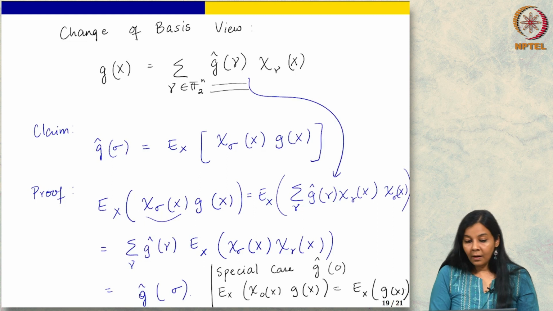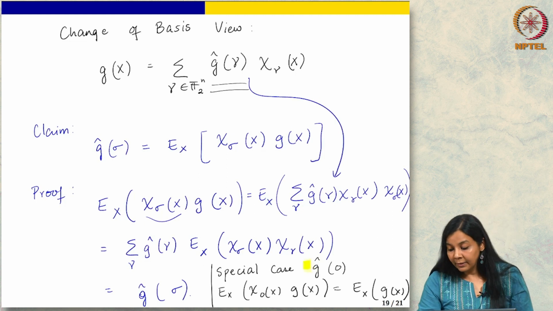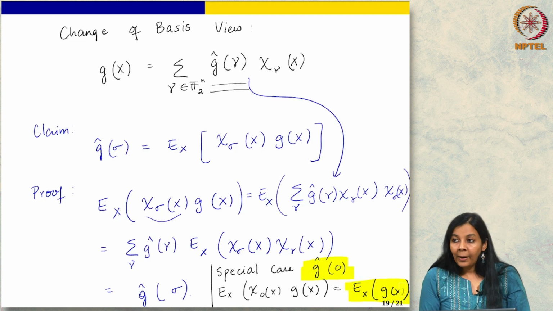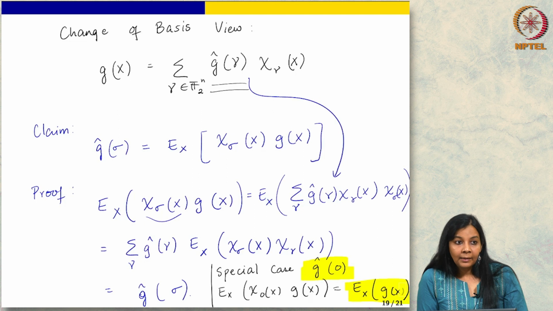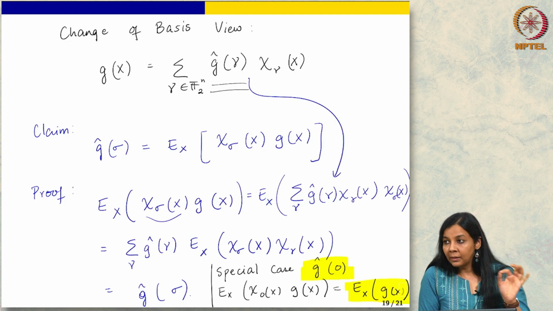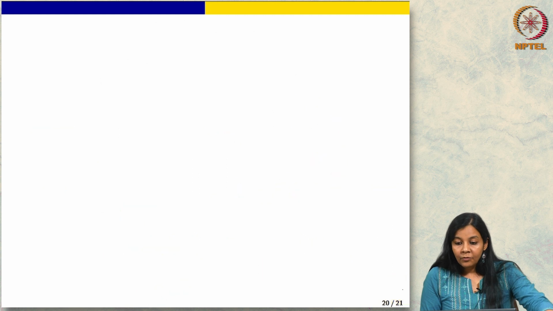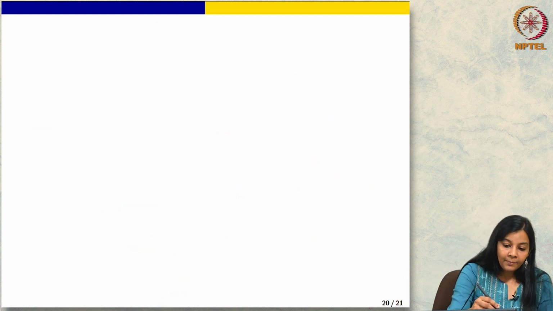So this also helps us get a little bit of intuition about what's going on. So the expected value of gx is g hat 0. So it is the coefficient for the 0th term in the sum. Okay, great. So let us keep going.